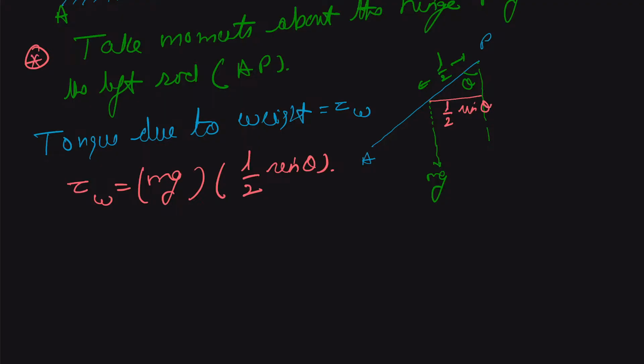So we have our AP, and this is the other part, that is our Q, and the string is drawn from our A, making an angle of 90 degrees to our B.